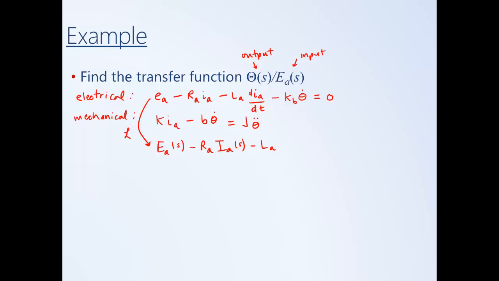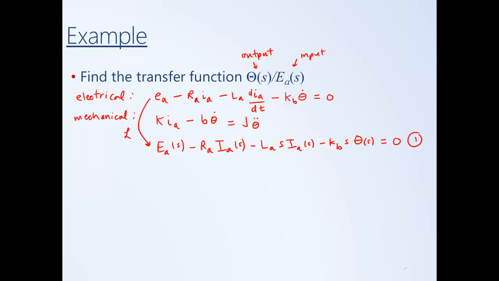If we take the Laplace transform of a derivative, differentiation in the time domain becomes multiplication by S in the Laplace domain. And then similarly, K sub B is a constant, and we have the derivative of theta, so differentiation again becomes multiplication by S, and that's all equal to 0. We'll call this equation number 1.